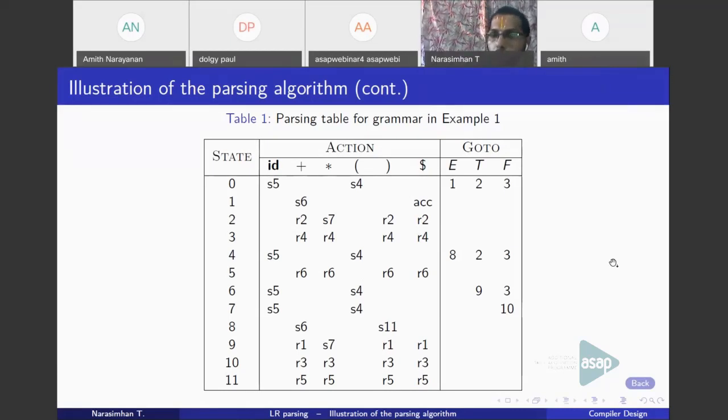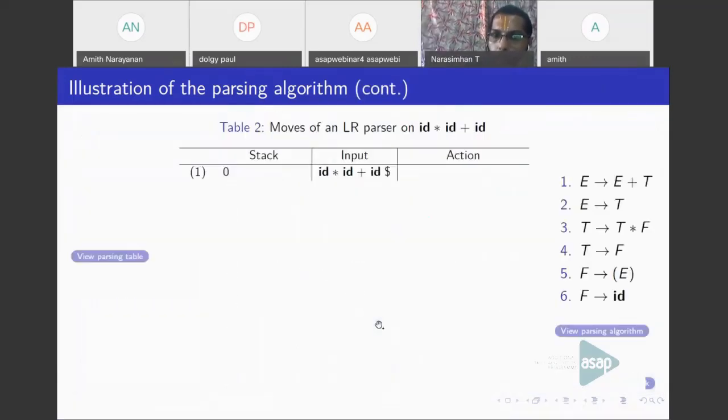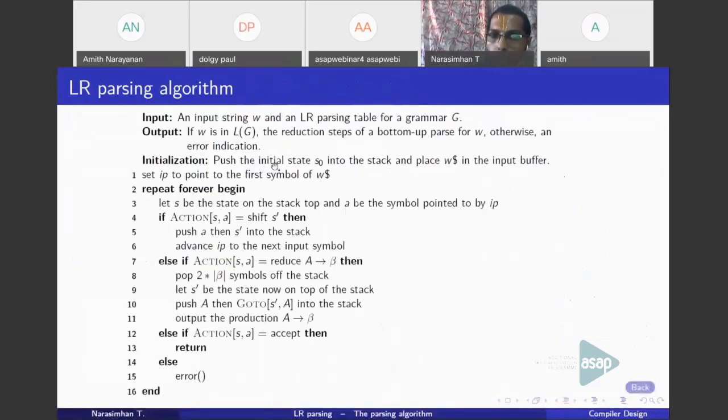Now let us parse the input ID star ID plus ID using the parser. What was the initialization phase of the algorithm? You push the initial state S0 into the stack and place w dollar in the input buffer, right?